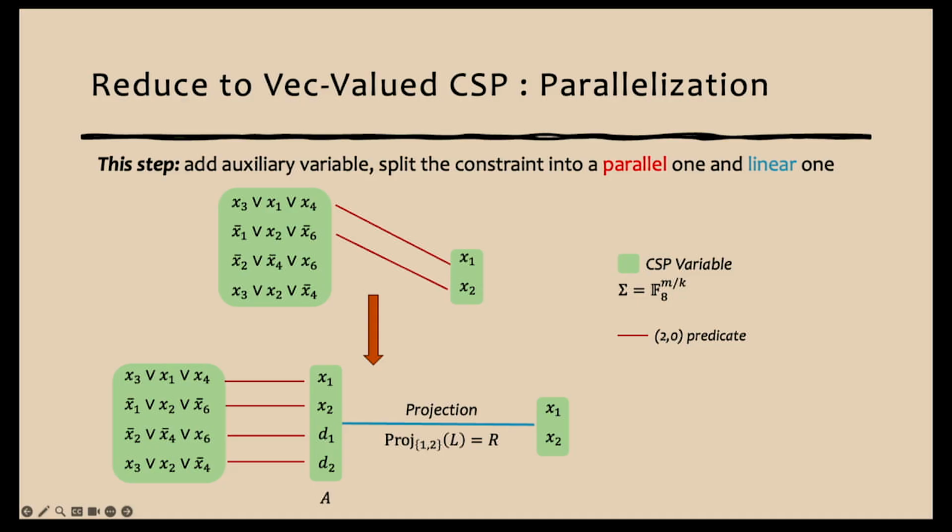Because the left alphabet has dimension 4 and the right alphabet has dimension 2, we need to pad them into the same dimension, and we also need to add a projection constraint saying that the projection of the auxiliary variable is exactly what we want. So finally, we can successfully reduce 3 CNF formula to a vector valued CSP.